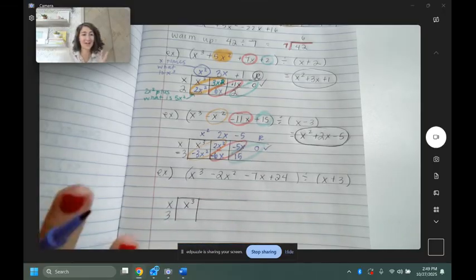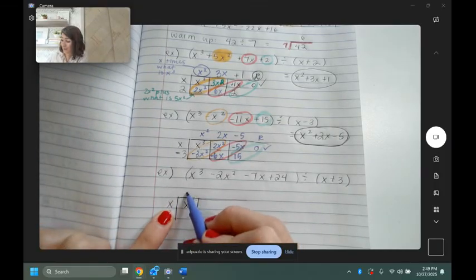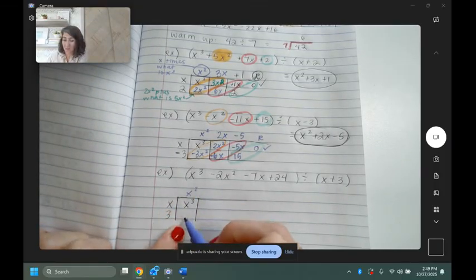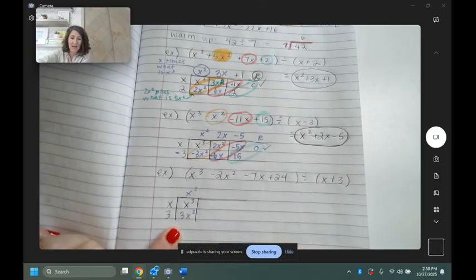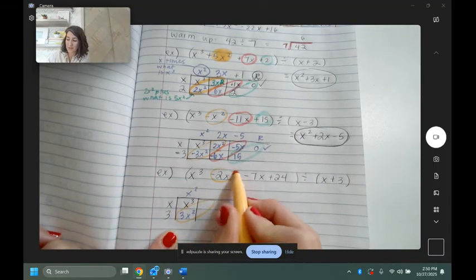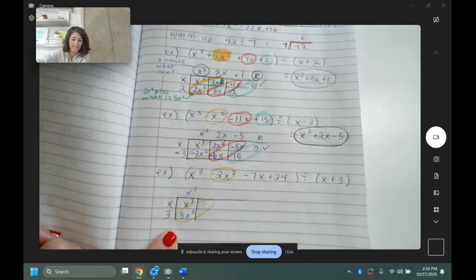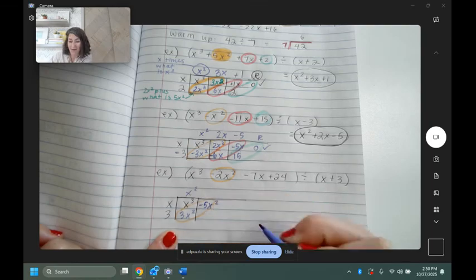Same two questions you're asking over and over. X times what is x to the third? X squared. Multiply it down. 3x squared. Now, 3x squared plus what is negative 2x squared? Negative 5x squared.